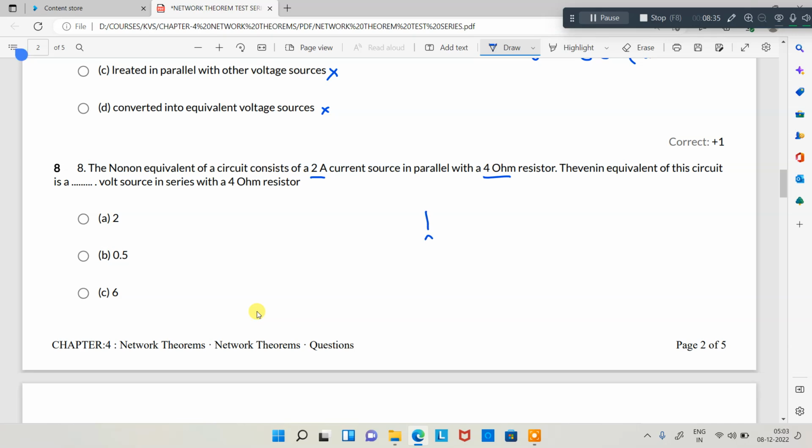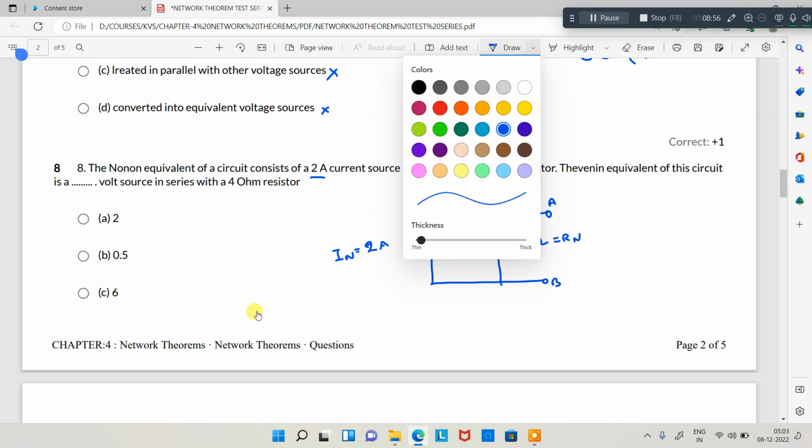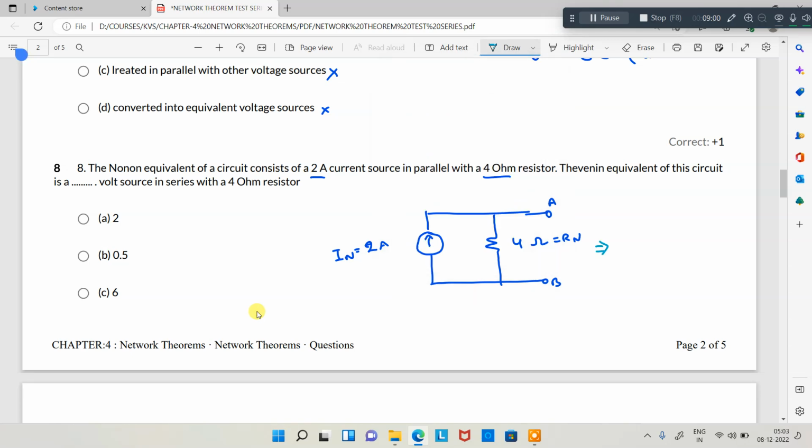They are giving current source 2 amperes and resistance 4 ohms. These are the IN, Norton's equivalent current, and this is the RN, terminals A and B. What they are asking here is that this particular Norton's equivalent circuit is converted into Thevenin's equivalent circuit.